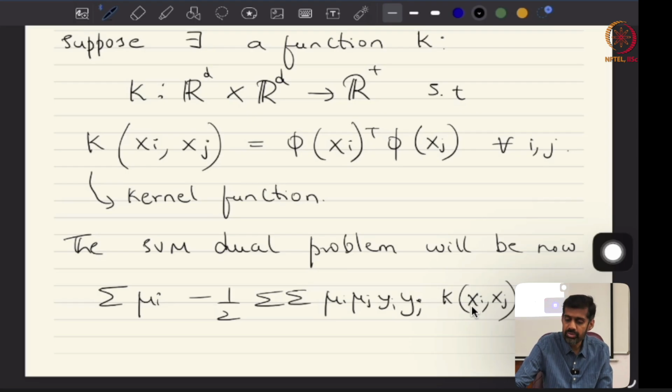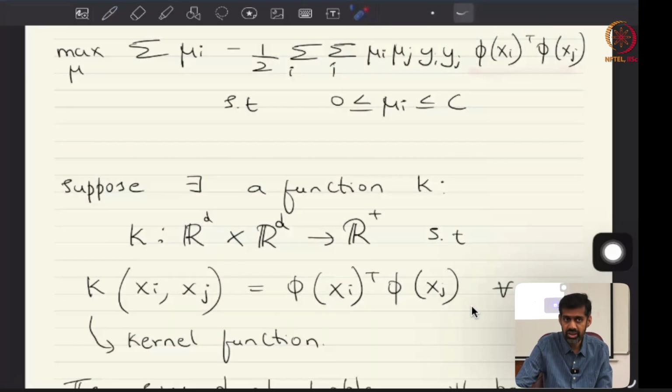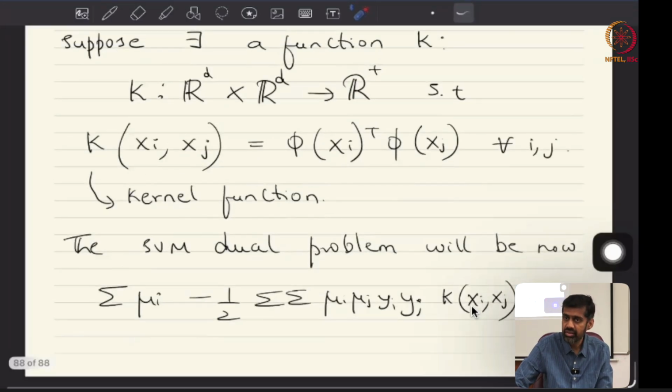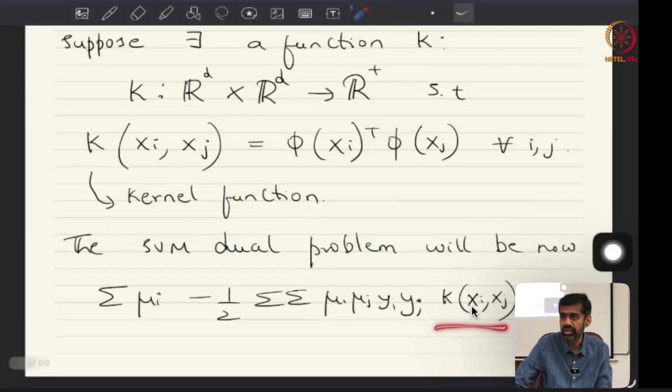Here there were inner products between the projected data points. Now if this is equal to a kernel function, then it will be equal to this. Now what does this mean? Is it clear to all of you what we are saying? This means that if we can find a kernel for a given projection, then we do not even have to know what the projection is, as long as we can compute the kernel.